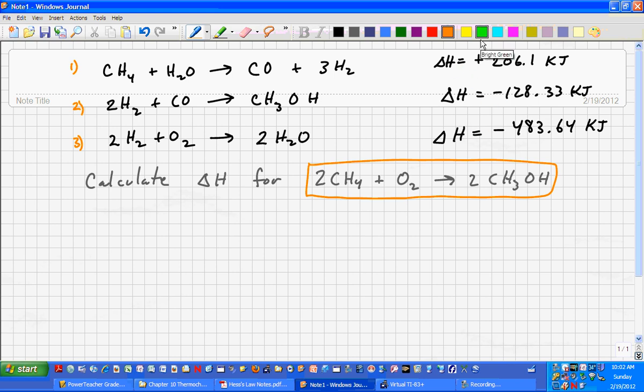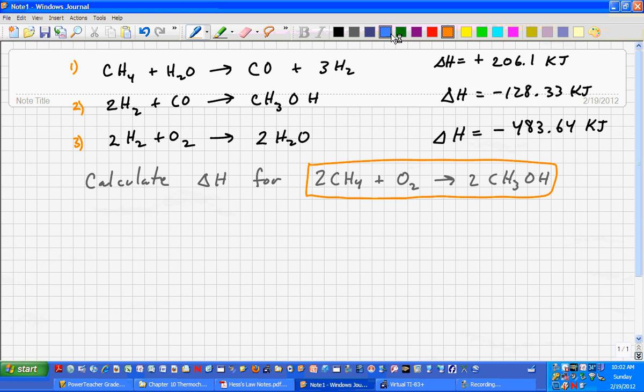What we want to do is take the steps and manipulate them, add them up in a way to come up with our final equation. And whatever we do to the equations, we do to the corresponding delta H's and add those up, and we come up with the delta H for the final reaction.